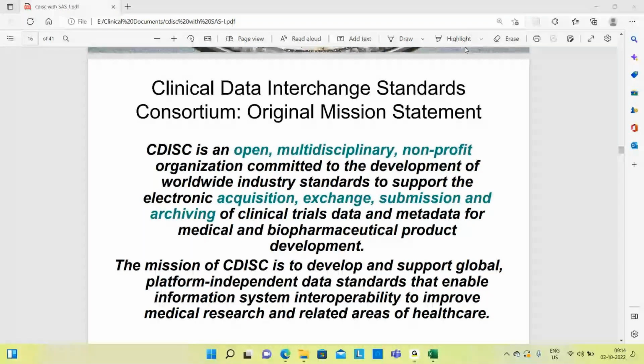They are going to consider each and every country's guidance, with respect to their standards and their requirements. Then the standards will be developed. Okay, right.